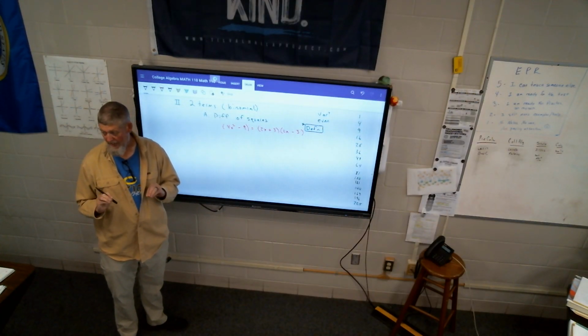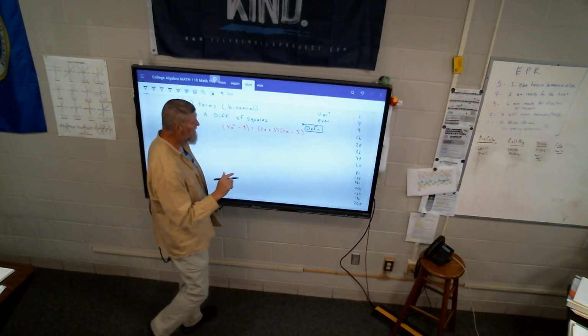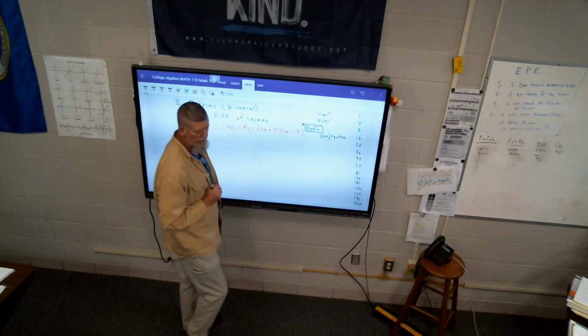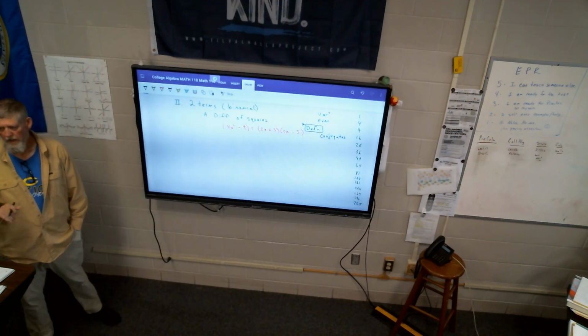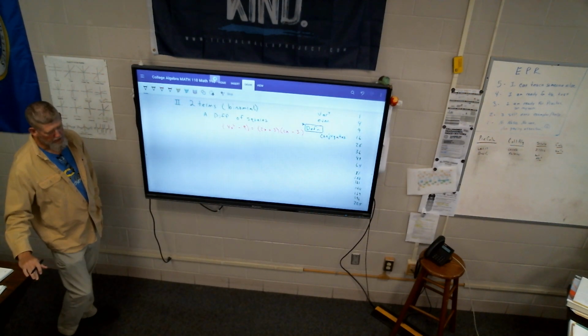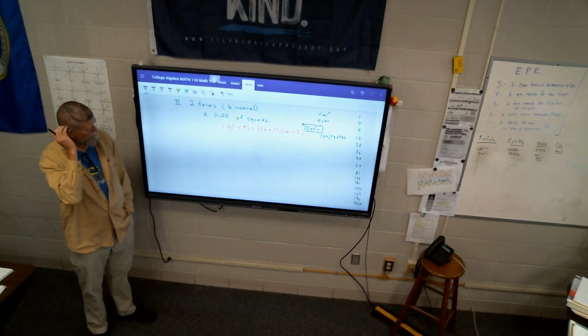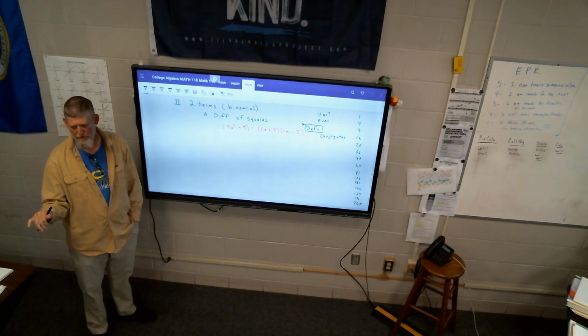Notice the only difference is the sign in the middle, right? These are called conjugates. We'll come back to that, like when we get to complex numbers and some rationals, we'll come back to this concept of conjugates.